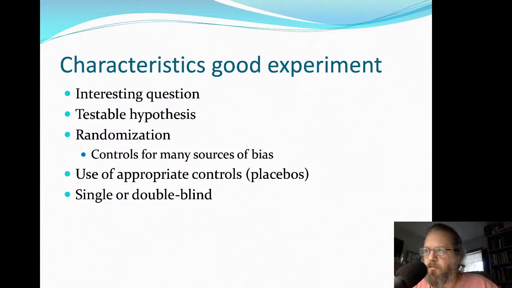A1C is a marker for type 2 diabetes, and once you get over 7%, that basically means you're well on your way to full-blown type 2 diabetes. And so you have a new pharmaceutical therapy, a drug, that is claimed to reduce A1C levels.